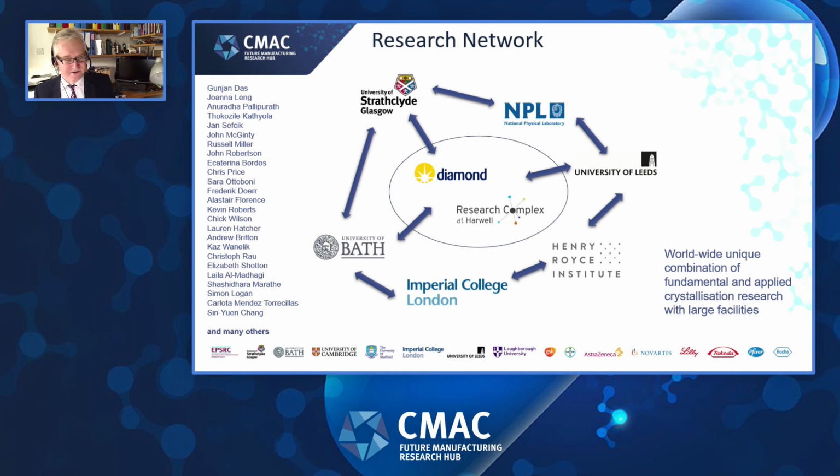On the left you can see we've got Bath, Strathclyde, Leeds, Imperial, all interacting with each other, and the Diamond and Research Complex at Harwell sites. I've mentioned the Henry Royce Institute interaction already. What I didn't mention is that we also work with NPL on some of these techniques. So it's a worldwide unique combination of fundamental and applied crystallization research with large facilities.